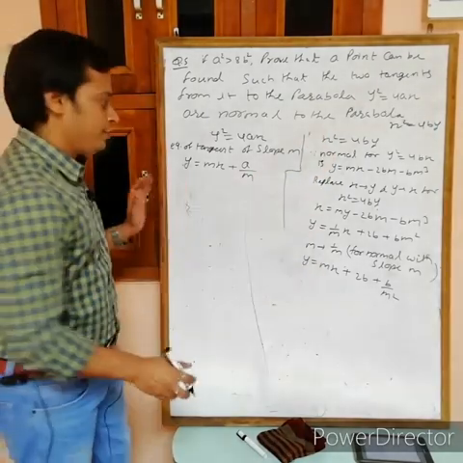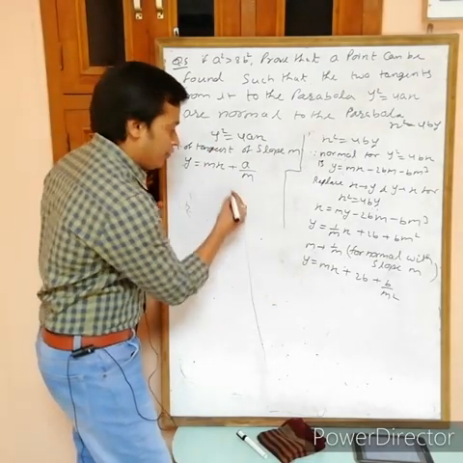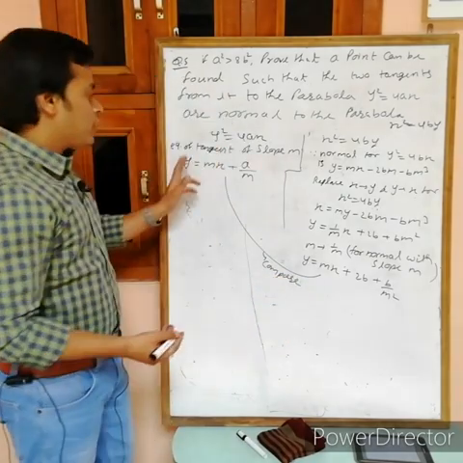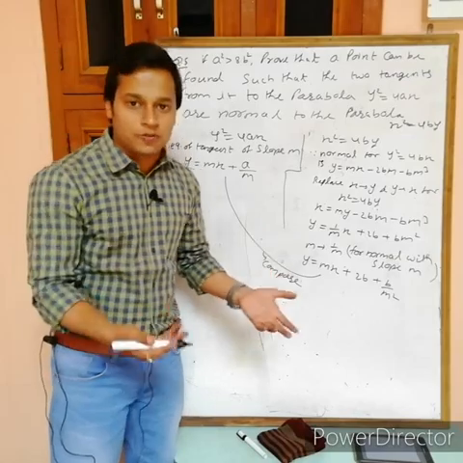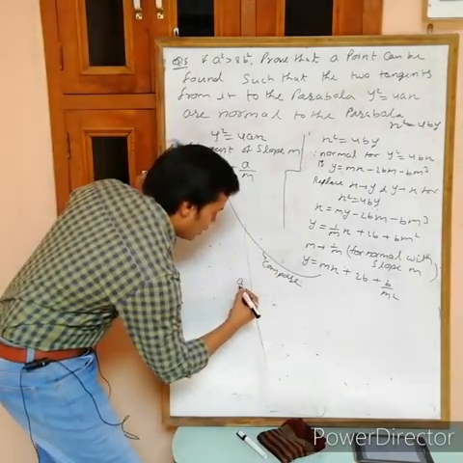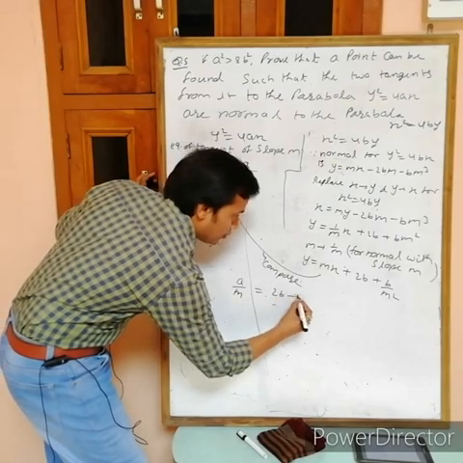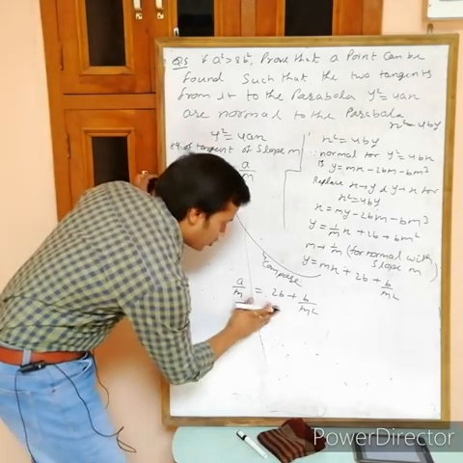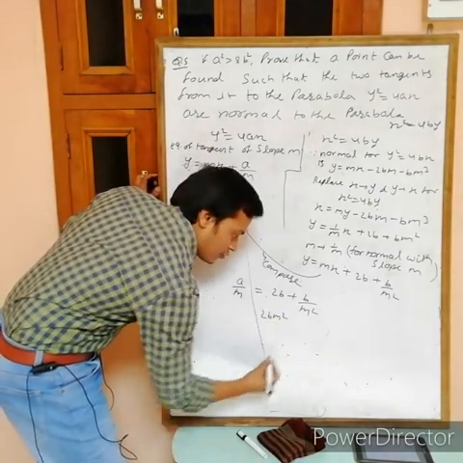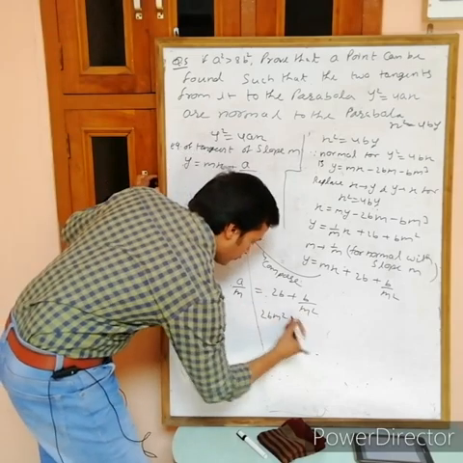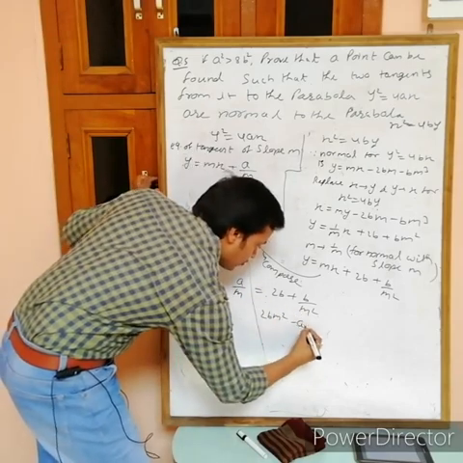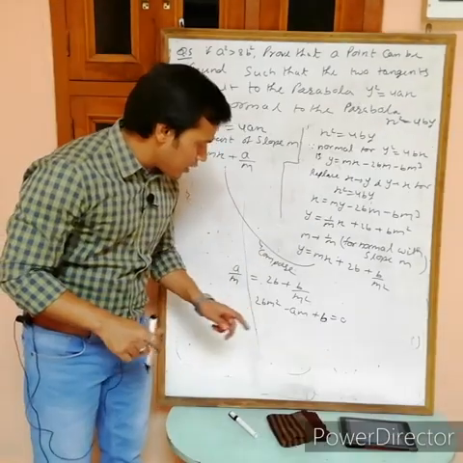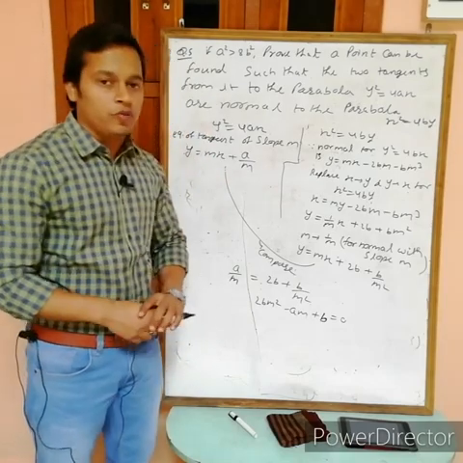Now compare both, because we want the tangent to become the normal. Y equals mx plus c on both sides, so the c part must be the same: a by m equals 2b plus b by m square. Multiply with m square, then you get the quadratic equation: bm square minus am plus 2b equals 0.